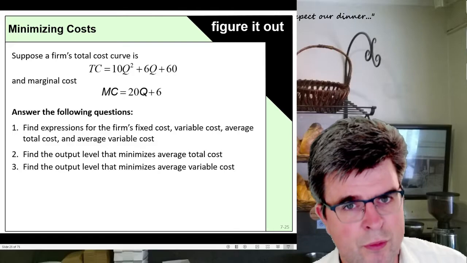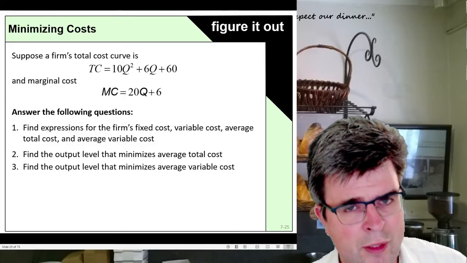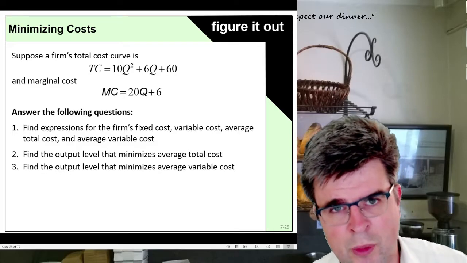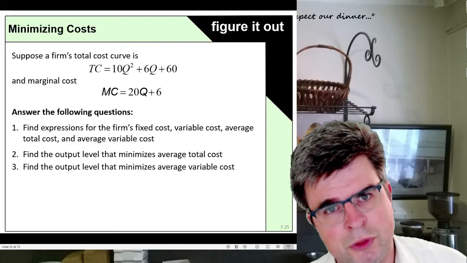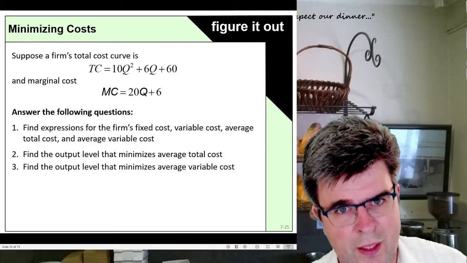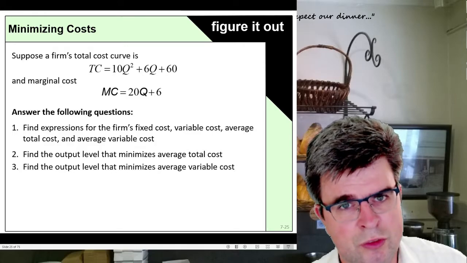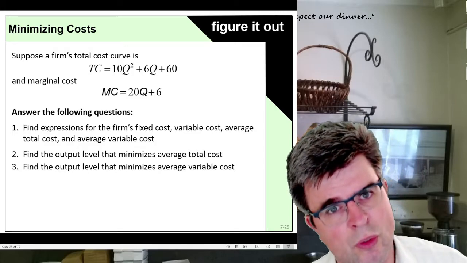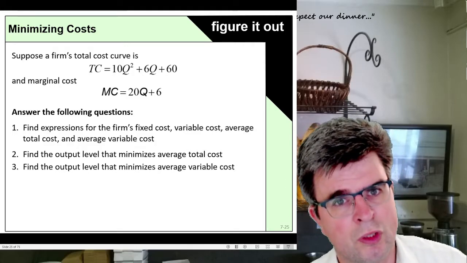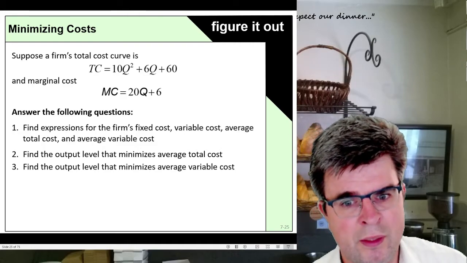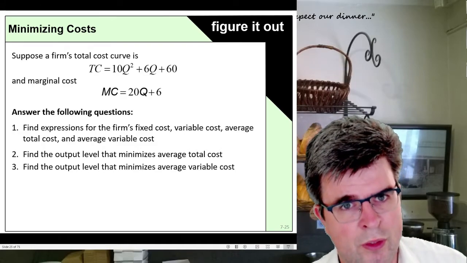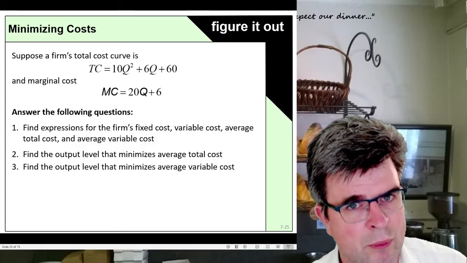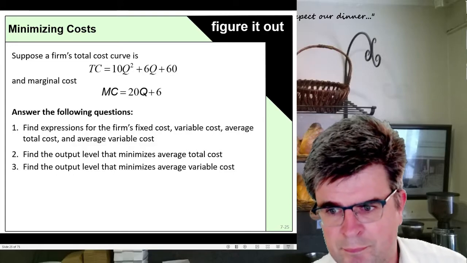The second and third questions really bring back into your memory the figure that was shown on the previous slide. And the idea that the marginal cost function intersects with the average total cost function and the average variable cost function at the minimum point is certainly something that you will use in answering questions 2 and 3.